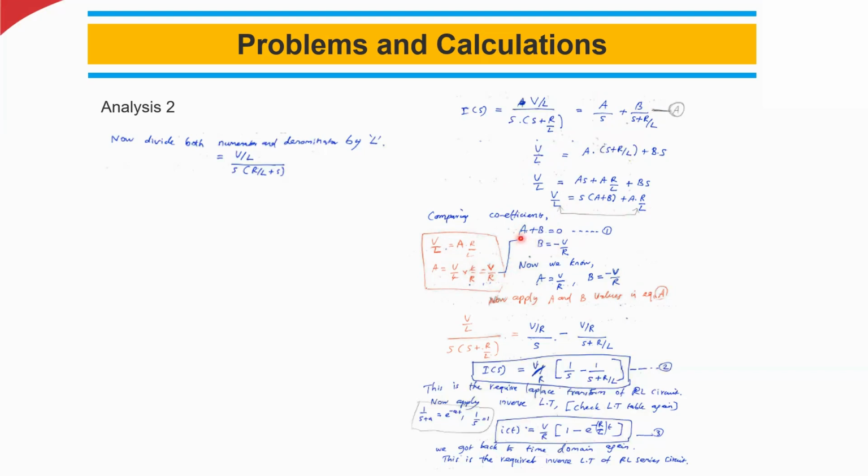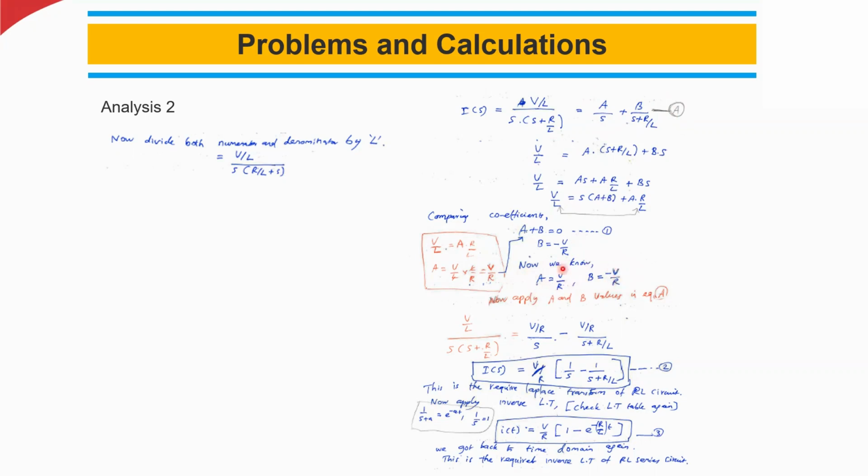I take this term to the right side, so it became minus V divided by R. Now I know both variables A and B, because first I only assumed them and brought these two new variables into this equation. Now I have found the value of these variables.